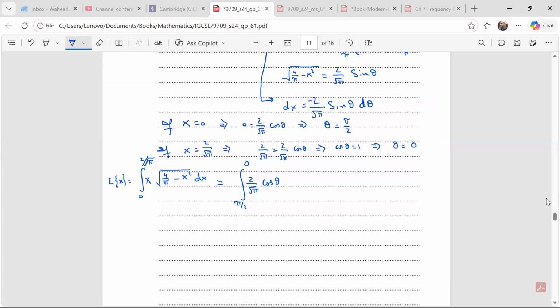Then for this whole under the root, I have 2 over under the root pi into sine theta. Remember, this one I'm talking about. And finally, for dx, I have negative 2 over under the root pi into sine theta d theta.